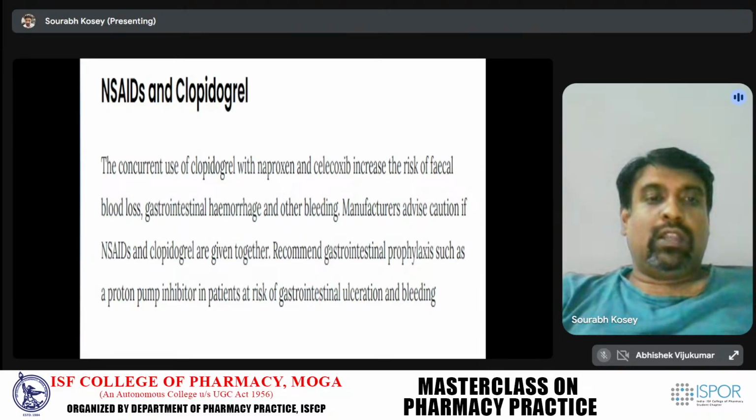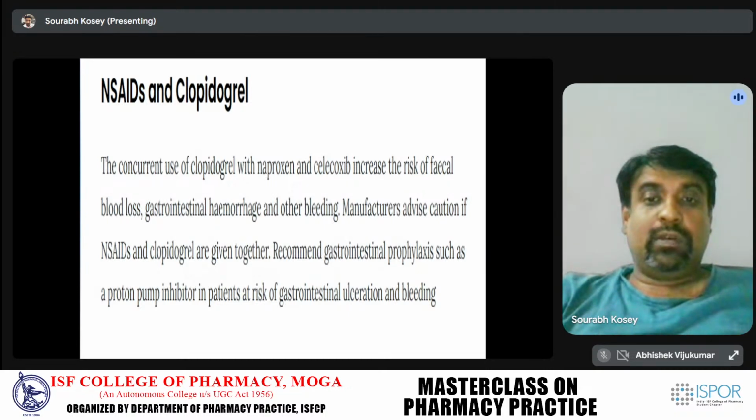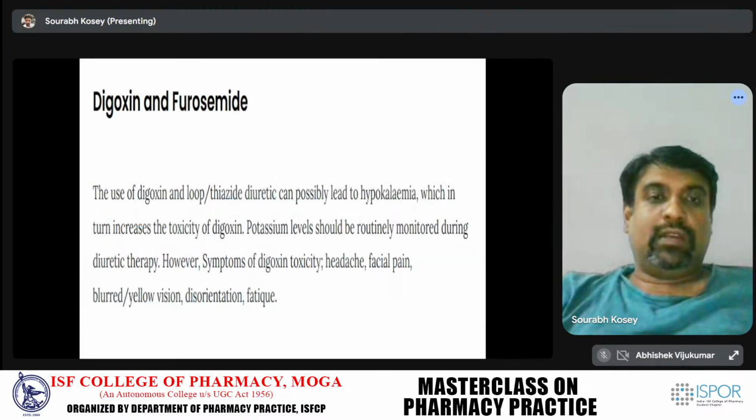NSAIDs and clopidogrel, the concurrent use of clopidogrel with naproxen and celecoxib increases the risk of fecal blood loss, gastrointestinal hemorrhage, other bleeding. Manufacturer advises caution if NSAIDs and clopidogrel are given together. Recommend gastrointestinal prophylaxis such as a proton pump inhibitor in patients at risk of GI ulceration and bleeding.